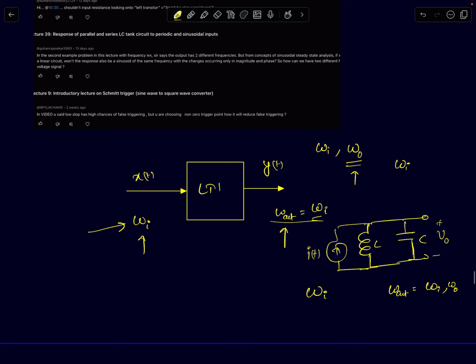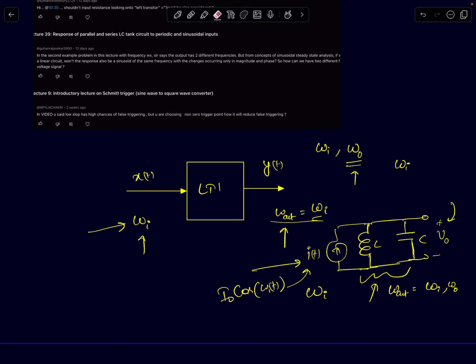The question is something like this. You have a series LC tank or a parallel LC tank. I'm feeding a current source to the parallel LC tank, and the current source happens to be a sinusoid, say I naught times cos omega I t. I'm feeding it to this LC tank, which has a certain frequency response, and if you know the input and the frequency response, then you know the final output response.